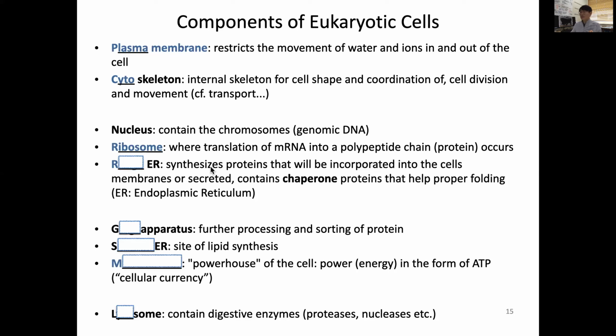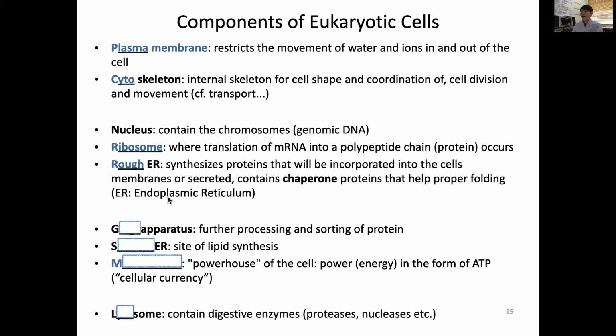There are two kinds of ER, and especially where protein synthesis occurs, the protein will be incorporated into cell membranes, which we will talk about, or secreted from the cells, and that contains chaperone proteins that help proper protein folding. Otherwise, the protein may not function properly. And that we call rough ER. The reason why it's rough ER, I'll talk about later, because it looks rough.